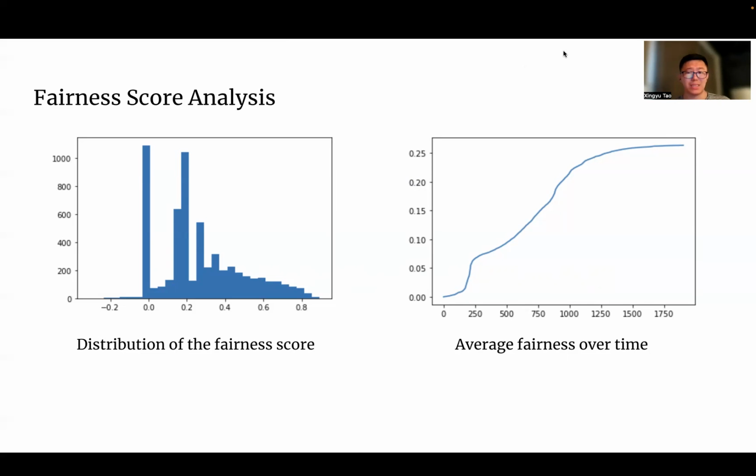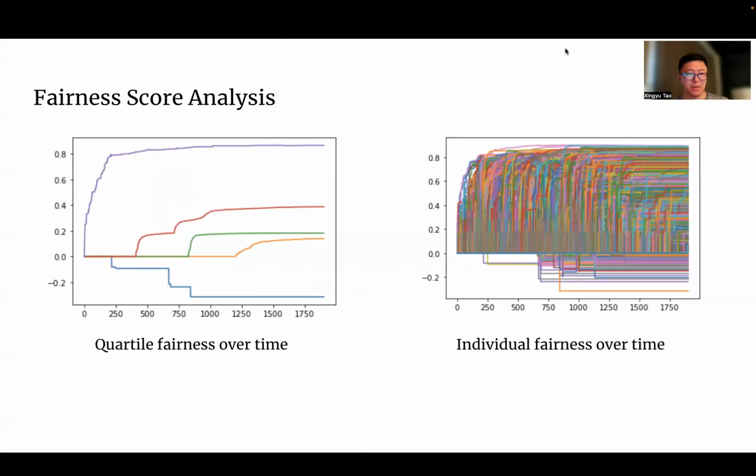Next, we can dig deeper into the fairness score and look at the quartile fairness. Over time, even if the minimum dips below -0.2, the first quartile to the max all tend toward positive.